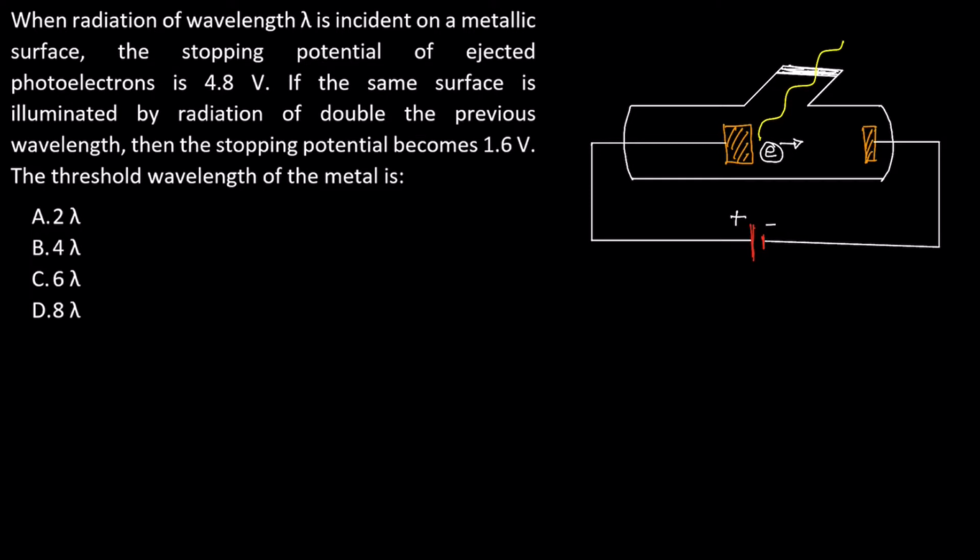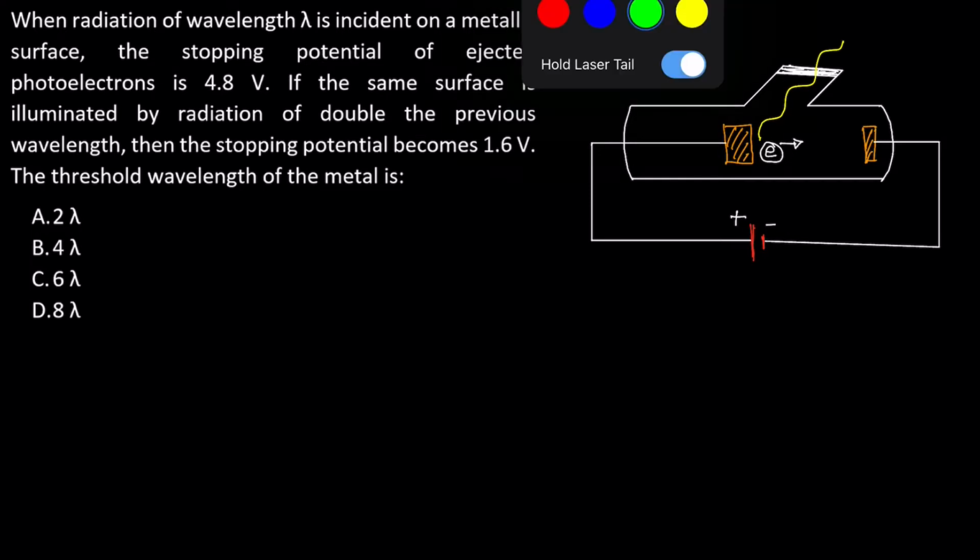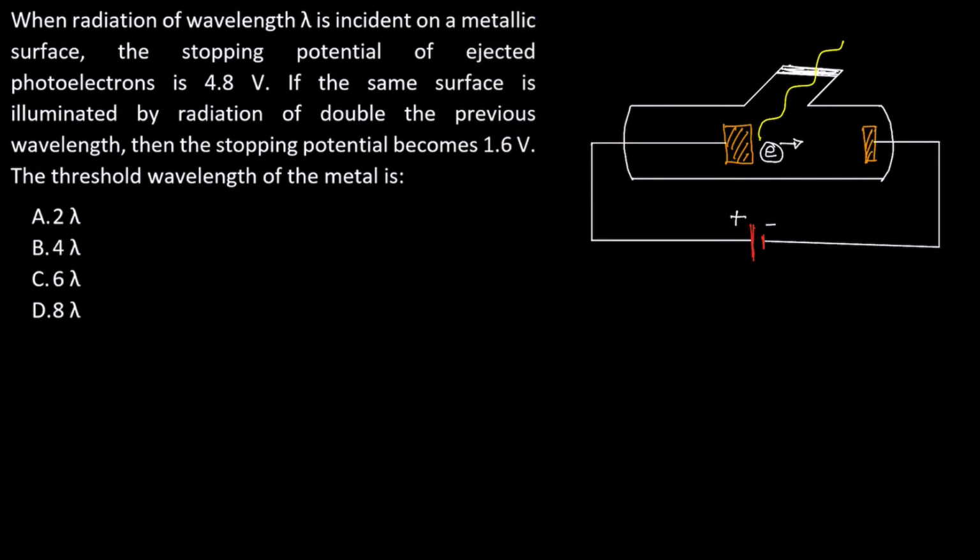Now usually the metal opposite to this metal on the left hand side is kept at a positive potential, so that the electrons are motivated to move towards that plate. But here, when we try to get the stopping potential, we are trying to stop the electrons from reaching the opposite plate.